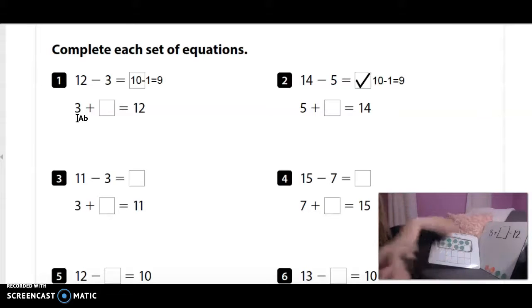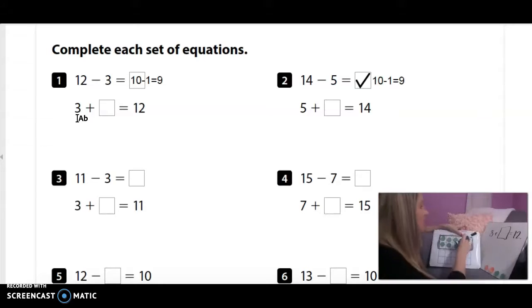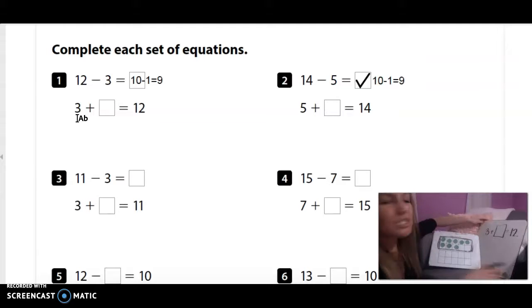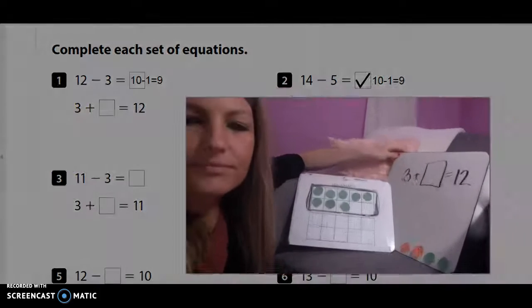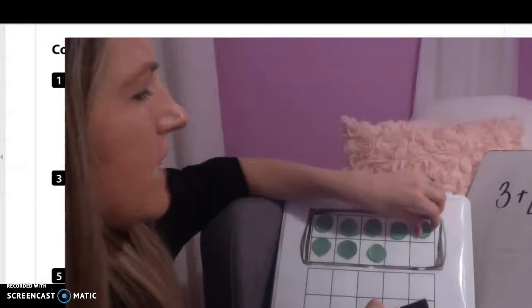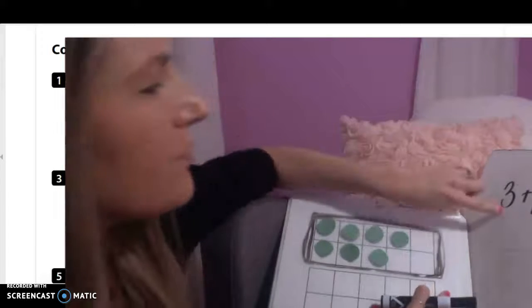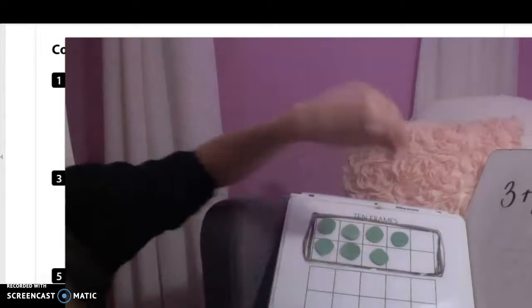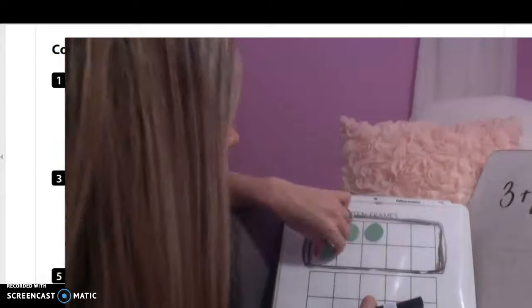We're going to do the count up strategy. What that means is we're going to start with the low number, which is actually 3 right here. That's the littler, the lower, the smaller number. And I'm going to build 3.